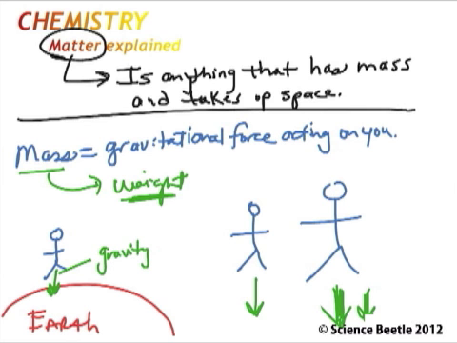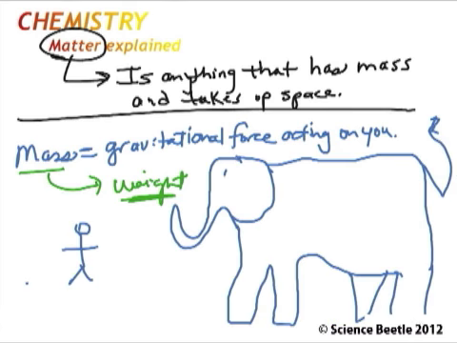Another way of looking at this is the following. Let's pretend that we have three organisms here. We have an ant, which is right here, and we have you, which is right here, and then we've got the elephant at the very far right. Let's ask ourselves, how much does each of these organisms weigh relative to one another? Well, the weight of the ant is going to be very tiny, almost insignificant, almost unnoticeable.